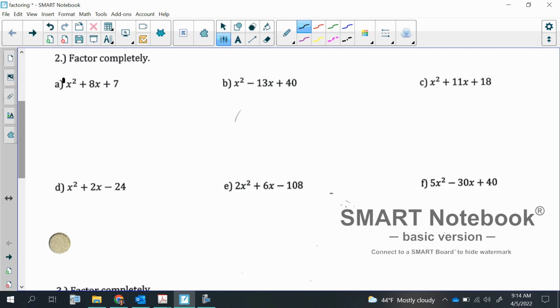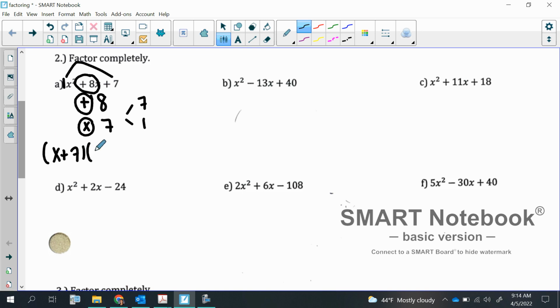When the number in front is just 1, all you have to do is say what adds to the middle number, what multiplies to the first times the last. It's always what adds to the middle, like the b value, and multiplies to the first times the last. In this case, 1 times 7 is just 7. The two numbers that multiply to 7 and add to 8 are 7 and 1. So we're going to get x plus 7 times x plus 1.